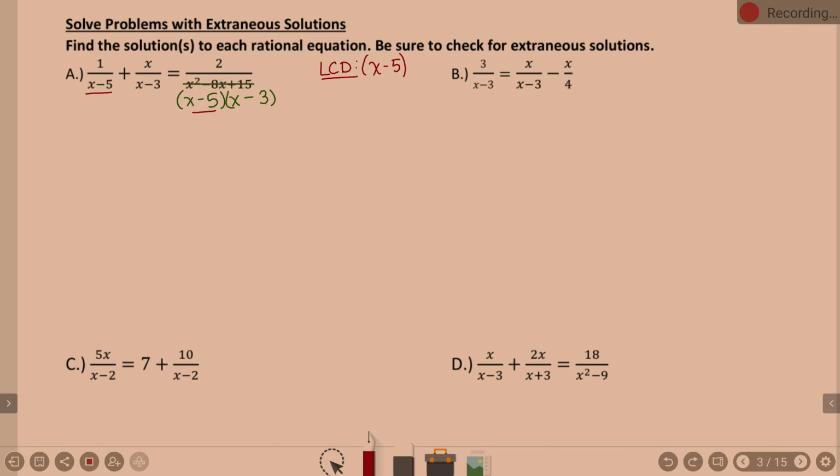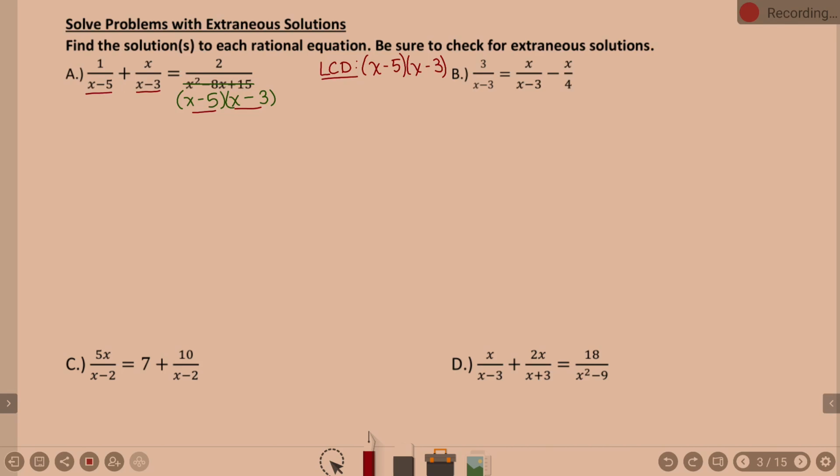What else is in common? X minus 3. I was about to say there's nothing in common, but there are factors of x minus 5 and x minus 3. We got everything in common. Are there any leftover pieces? No. So my least common denominator is x minus 5 and x minus 3.